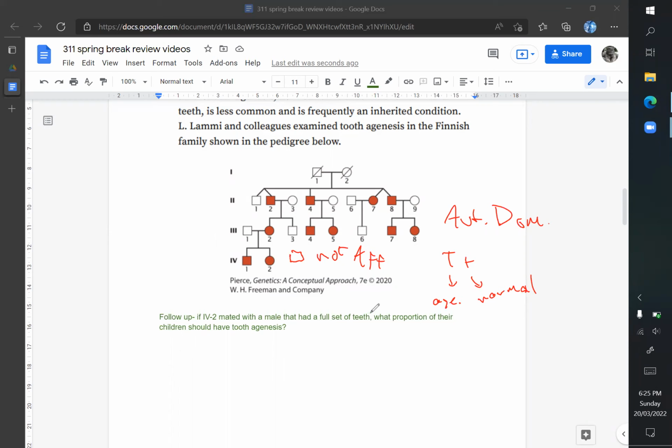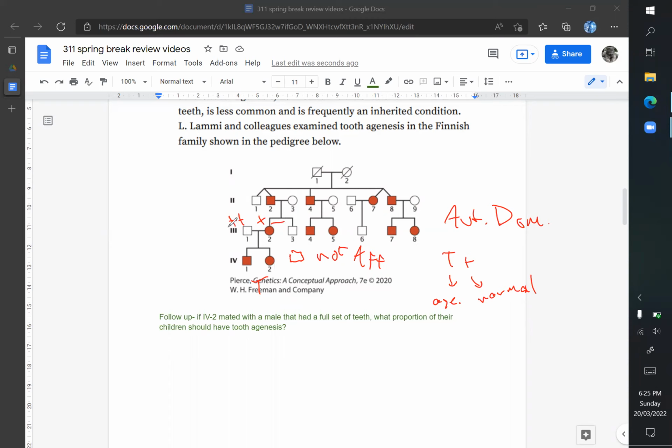And so we know that this female is T something. Actually, let's not assume it's something. This individual would have to be tt because they're unaffected and it's autosomal, so we don't have to worry about X's and Y's. And this individual is T something.